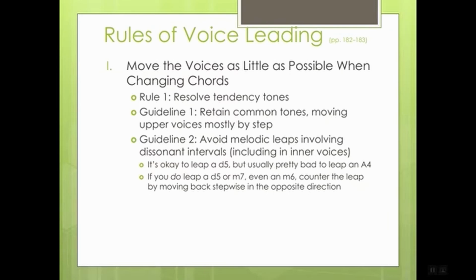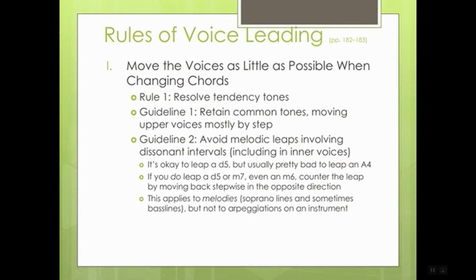So B, F, E, or D, C, B, step in the opposite direction. I could go E, C, that's a minor sixth, E, C, B. So a big leap, you counter it in the opposite direction. So this is a guideline to try to avoid melodic leaps. I'm saying it is actually okay to leap a diminished fifth. But if you are going to do a big leap, especially in a voice, you do want to counter it in the opposite direction.